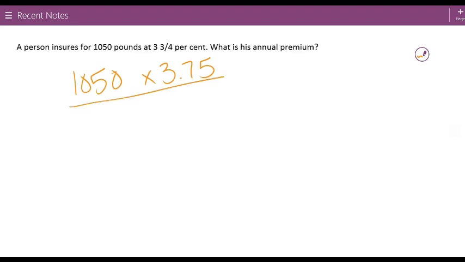It's fine. Divided by 100. Again, we have the time there, but in this case it's 1. When you multiply by 1, it doesn't change anything, so I just haven't been writing it. Okay, so 1,050 times 3.75.